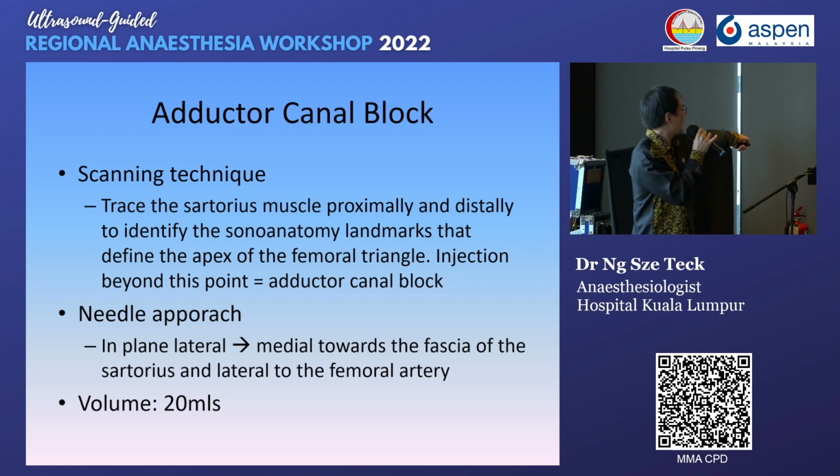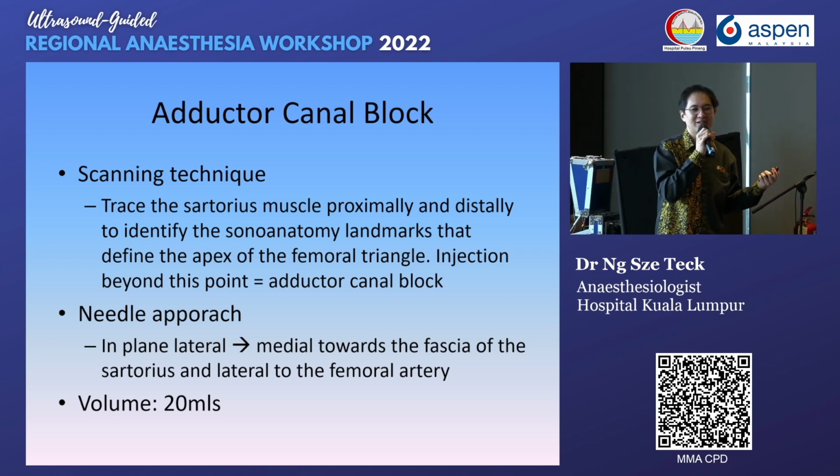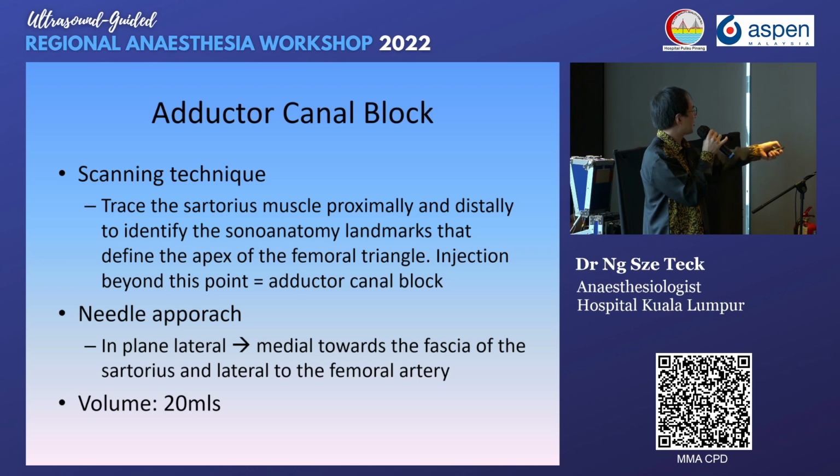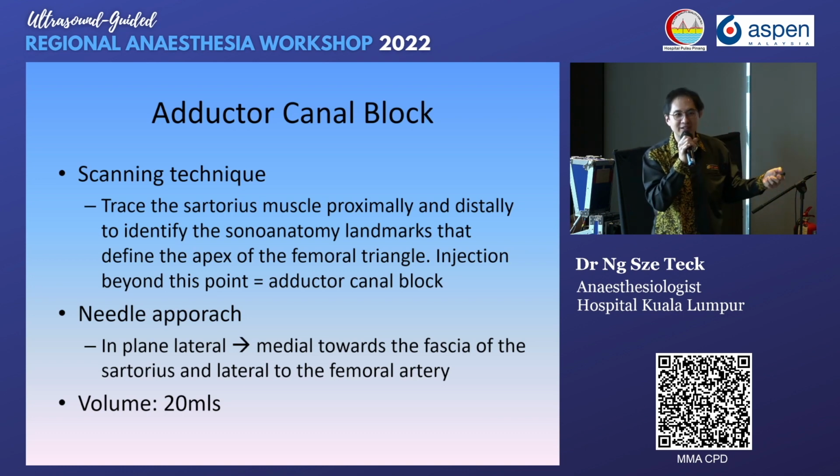Usually we do a lateral to medial injection towards the fascia of the sartorius and lateral to the femoral artery, because we think the saphenous nerve will usually be next to the femoral artery. Again, there is anatomical variation. It can be medial, it can be lateral. Typical volume is 20 mL.